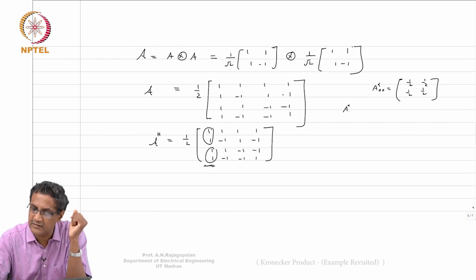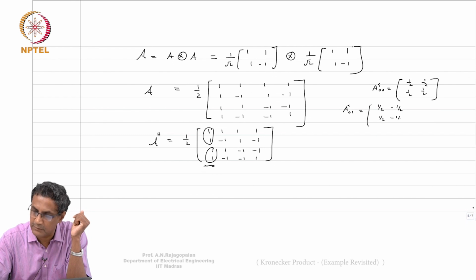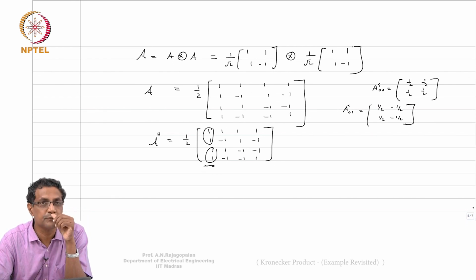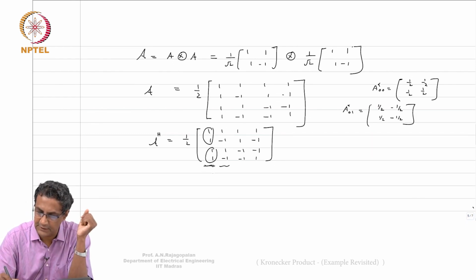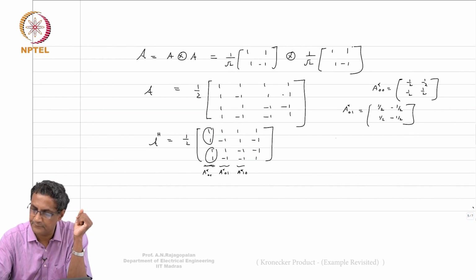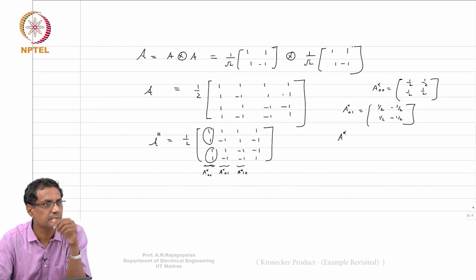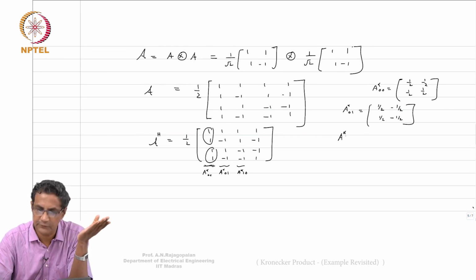Then the claim is your A star 0 1 should be 1 by 2, minus 1 by 2, 1 by 2, minus 1 by 2. Please check that the second one should be this. So this should be A star 0 0, this should be A star 0 1, this is A star 1 0. This should match with what you had that day.